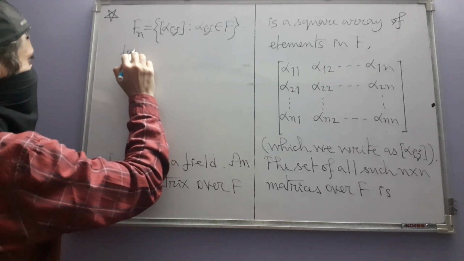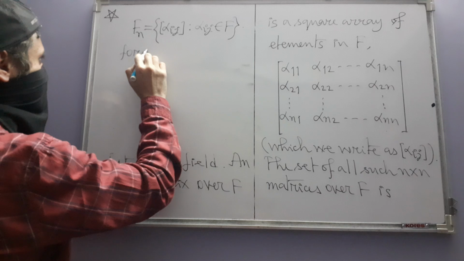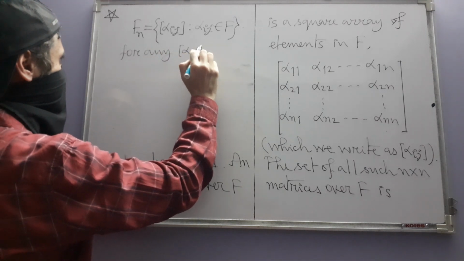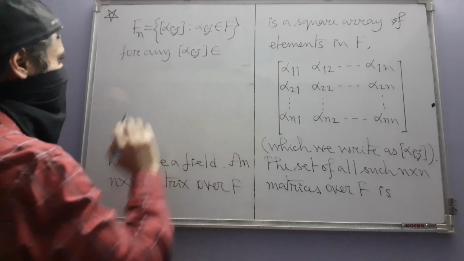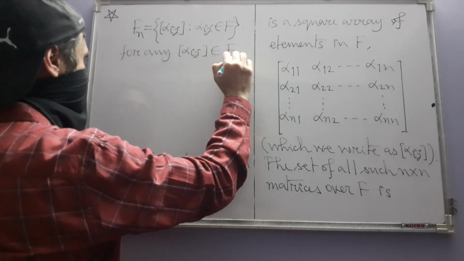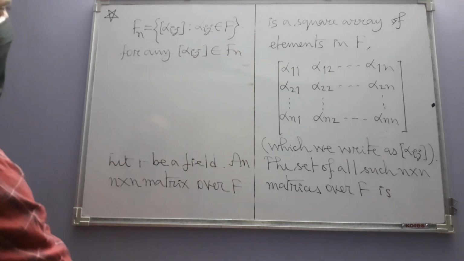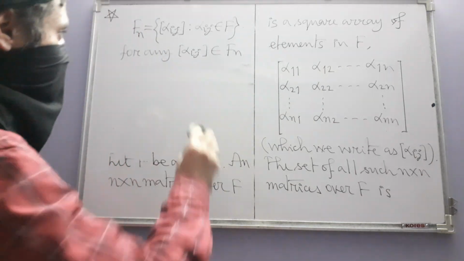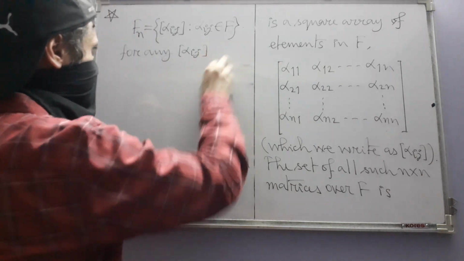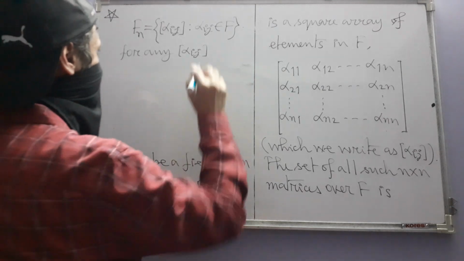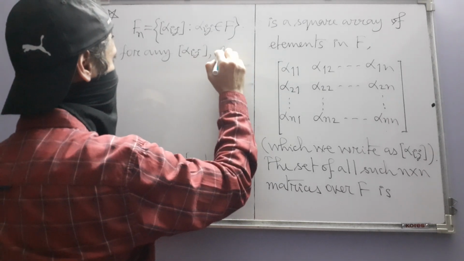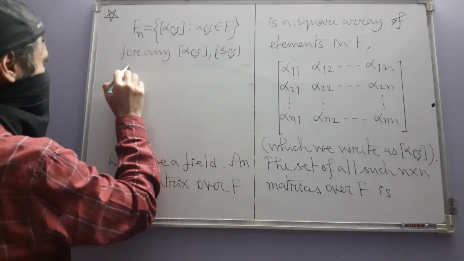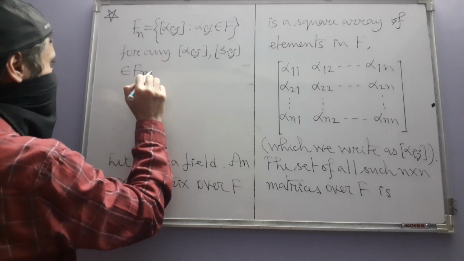For any alpha ij belonging to Fn, okay, simply one alpha ij is not enough now. We would need two, alpha ij and beta ij belonging to Fn.